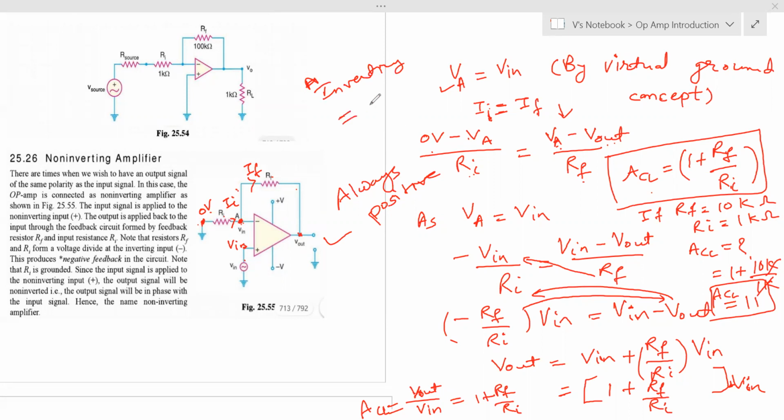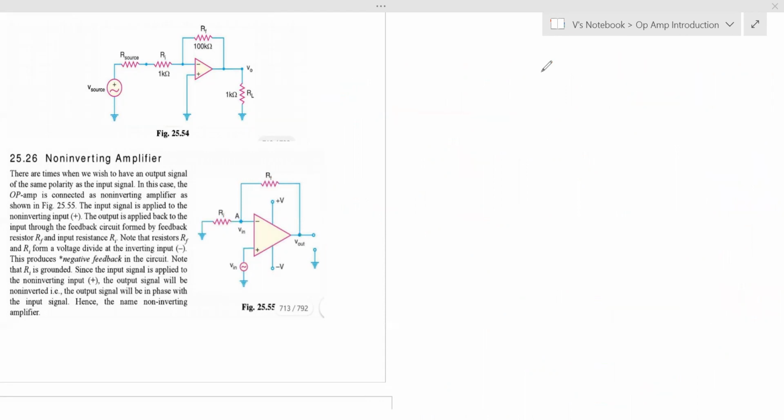Minus Rf upon Ri. So there we got a negative sign. Because of this negative sign, there we got inversion, phase inversion of the input. But here we can see there is no minus sign, so there is no phase inversion, there is no sign change in case of DC voltage. Understood? So this is the working of the non-inverting amplifier and its gain.